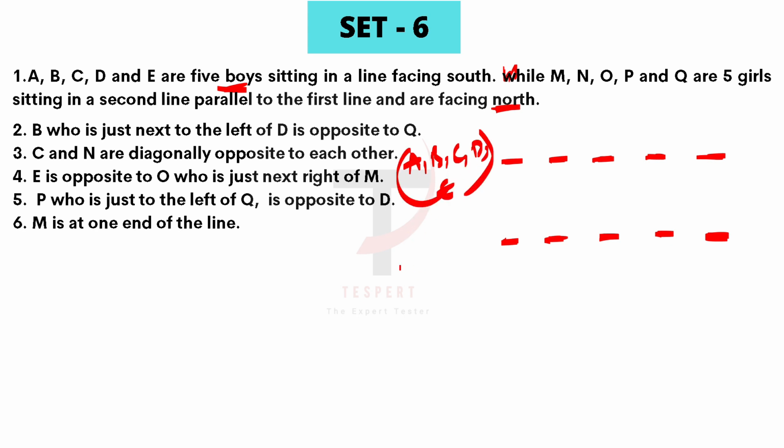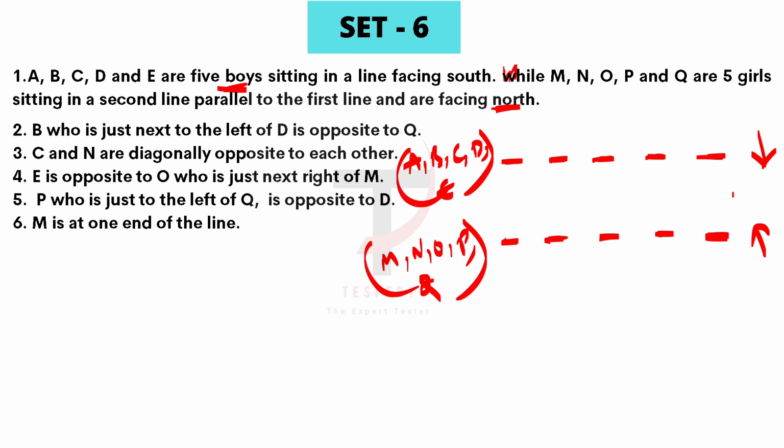The girls are M, N, O, P and Q. So these are the girls, these are facing the north direction. So this is the north direction, this is the south direction. Alright. Just pick up the statement which is the best so that we can initiate the process.